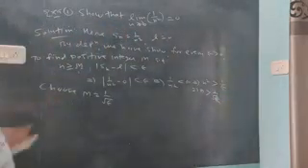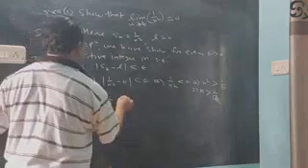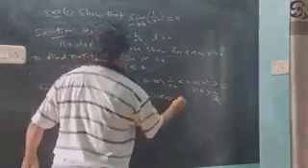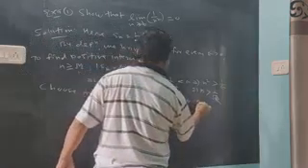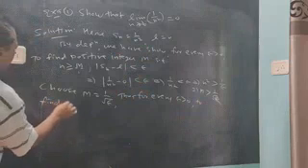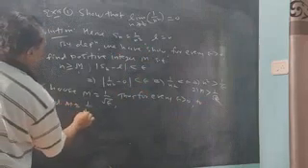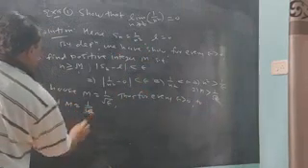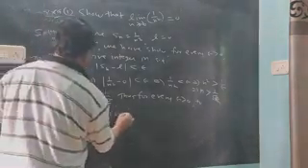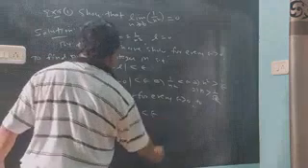Hence proved. For every epsilon greater than 0, we find the m value, which is 1 upon root of epsilon, such that mod of S_n minus 0, that is 1 upon n square minus 0, is less than epsilon.